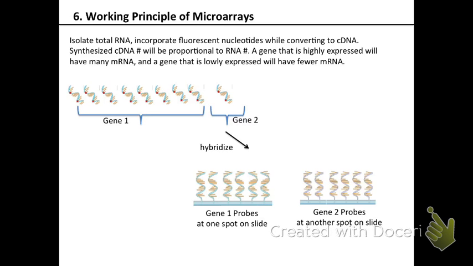And because you manufacture these microarrays, you know which spot corresponds to which gene. Okay? All right, so you hybridize your labeled nucleotides. So tell me, which one of these spots will have more fluorescent signal? The probes for gene 1 or gene 2? Gene 1, right? Because that's going to have more labeled cDNA hybridized. At that spot, you're going to see more signal. So then by just comparing the signals, you can measure the relative quantity of each RNA.